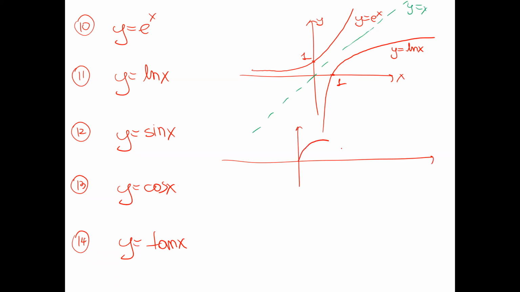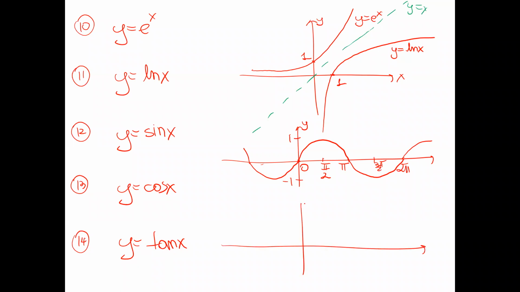Sine is like this, the sine curve, at least one period: 0, pi, 2 pi, and so on. The range is between 1 and -1. Okay, and then cosine, which has a maximum at 0.